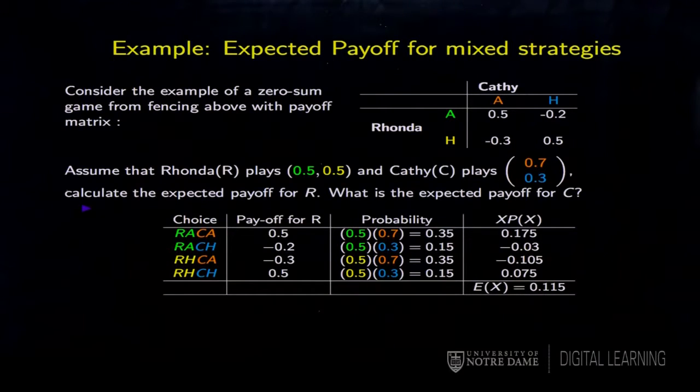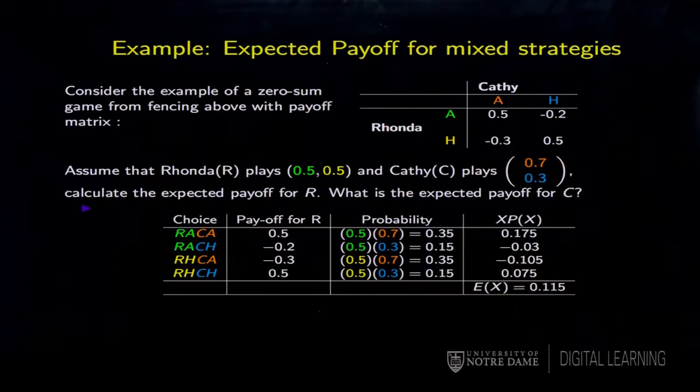And the choices underlying those payoffs made by both players are what determine the probability. So the probability that the payoff for Rhonda will be 0.5 is the probability that Rhonda will attack and Kathy will attack simultaneously.